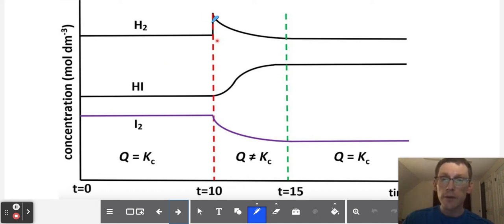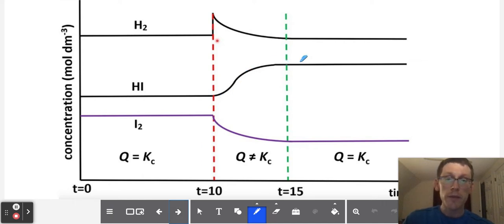So note that if we've added some H2, that will start getting consumed more. It will also consume some I2, which is another reactant, and that's why both reactants really will decrease their concentrations, and then the HI will increase in concentration.